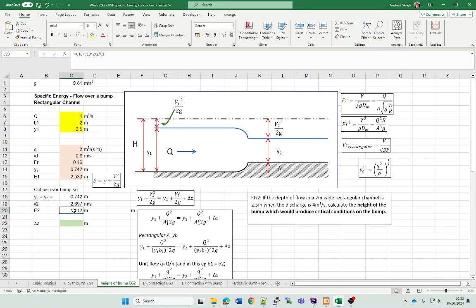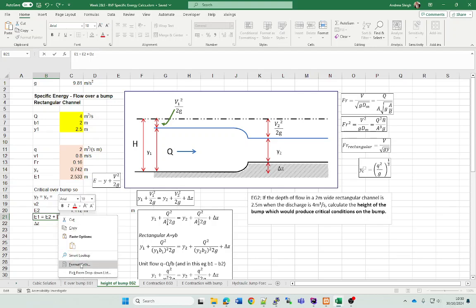This is not actually E2, it's E2 plus Z. Plus the delta Z is equal to 2.55, so let's just say that E1 equals E2 plus dz. It's correct.